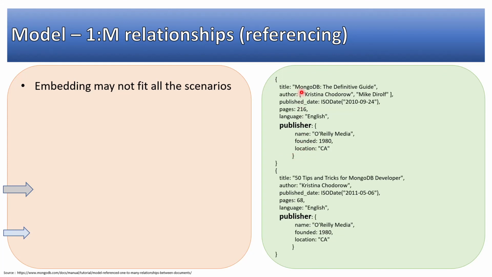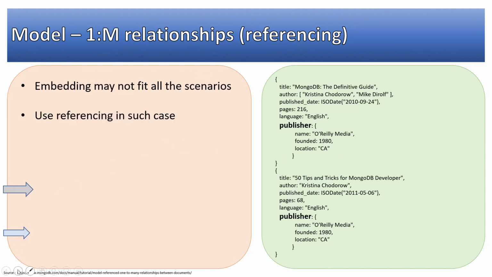And we cannot think of storing book information inside publisher, because that publisher might have published thousands of books. Embedding will not be possible in that case also, and moreover that will lead to performance issues in both these scenarios. If we embed publisher information into book information or book information into publisher information, both of these are not feasible in this case.